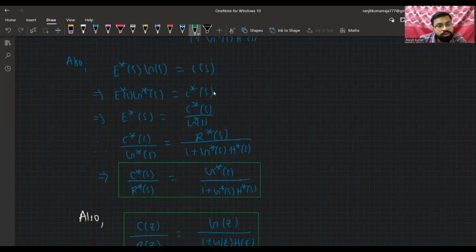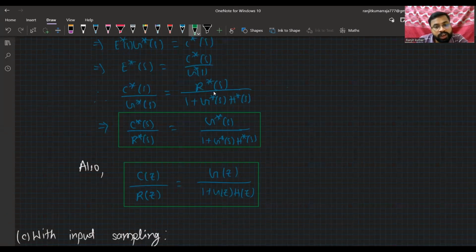So it will become G star of S divided by 1 plus G star of S, H star of S. Don't be confused here, I have just substituted the value of E star of S, that is nothing but R star of S divided by 1 plus G star of S and H star of S. Again here every function is a star function, so directly we apply the Z transform.